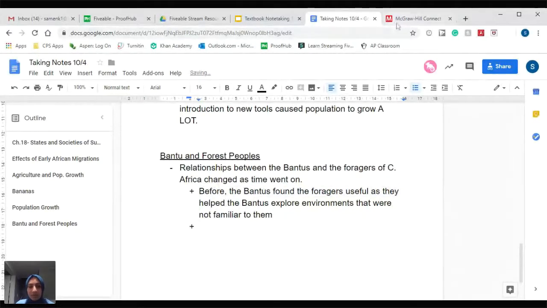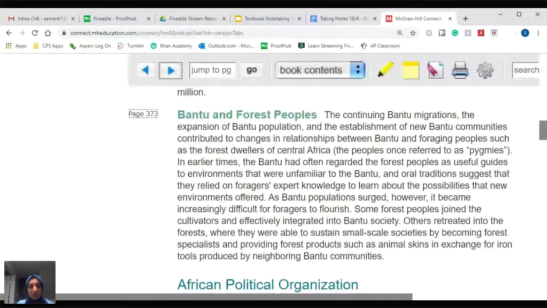And then now we could say, however, as the Bantu populations grew, it became increasingly difficult for foragers to flourish. So we have people who joined the Bantu society, but others retreated back into the forest. So as time went on, the Bantu population was constantly growing from agriculture and from these iron tools. So obviously they're not going to really need the help of the foragers anymore. And obviously the Bantu people are going to overtake them because they're more advanced than these foragers who are hunting and gathering and still in the prehistoric stage.